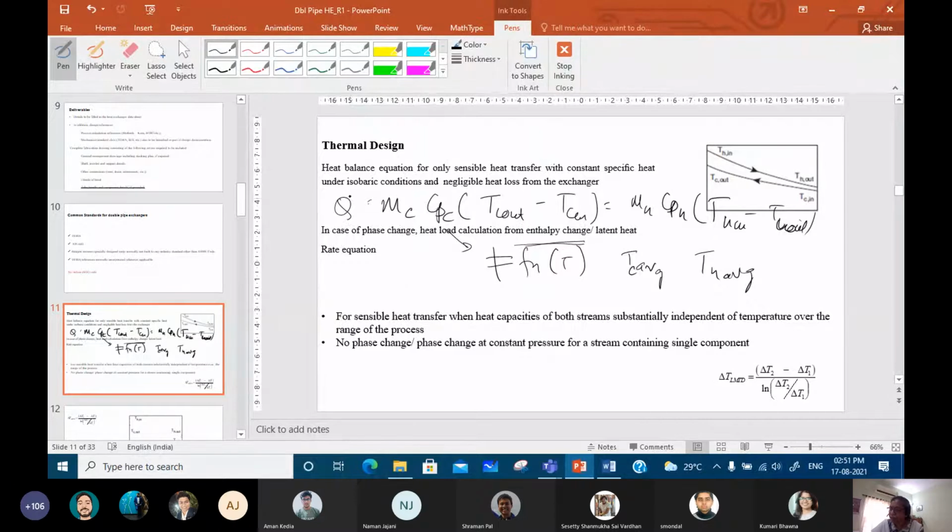So from this, once the Q is obtained, then we go to the rate equation, which is nothing but Q = UA delta T, some particular effective temperature.